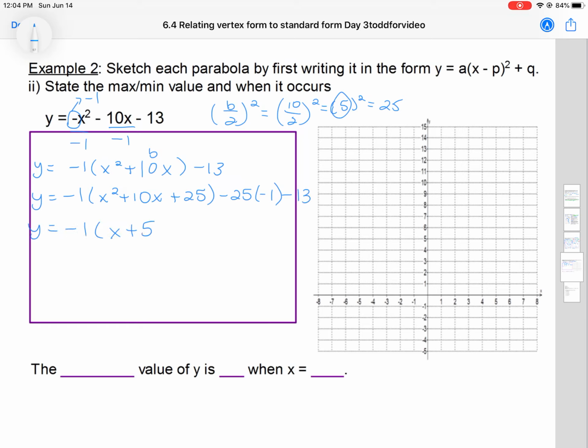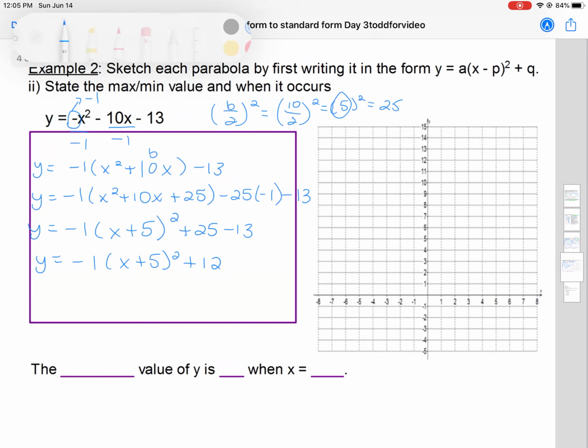So now inside we put the plus 5 and we get positive 25 because negative 25 times -1 is positive 25 minus 13. x plus 5 squared plus 12. Okay, so there's your clue.